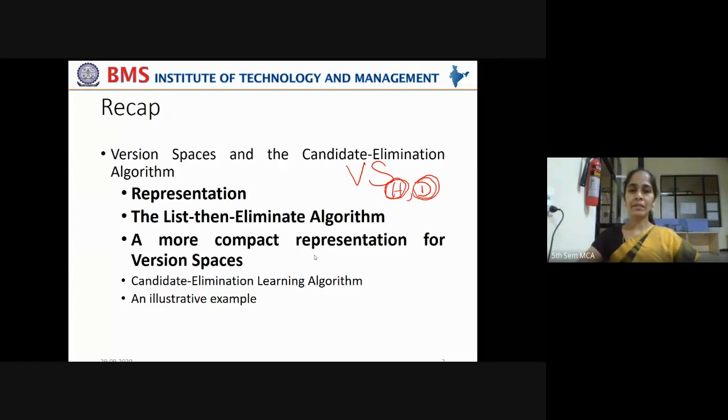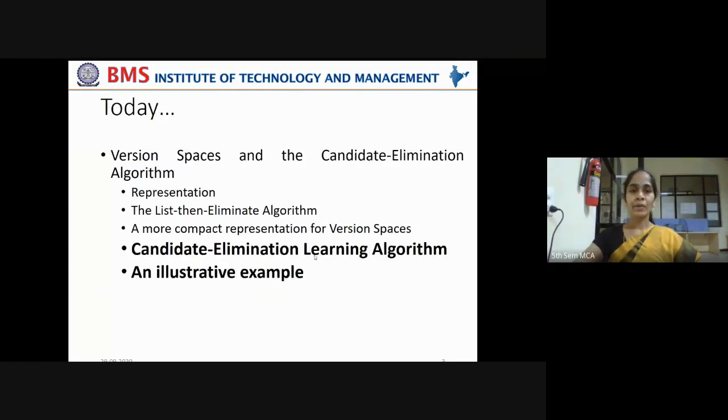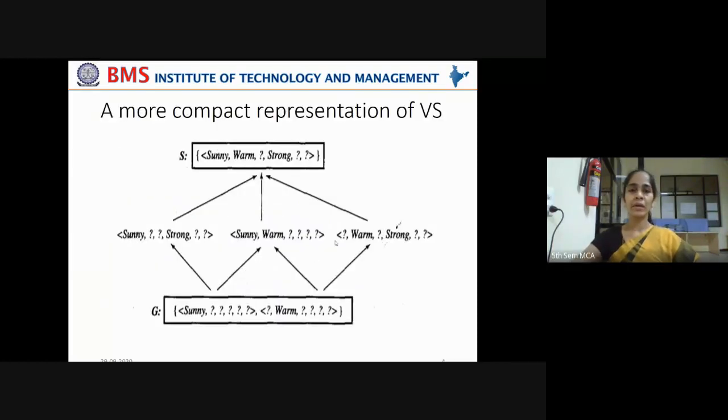Now let us go through some important definitions under this version space so that we can proceed with understanding the candidate elimination learning algorithm, and with an example also, so that we can better understand how exactly it works. Now, what do we mean by compact representation of version space?